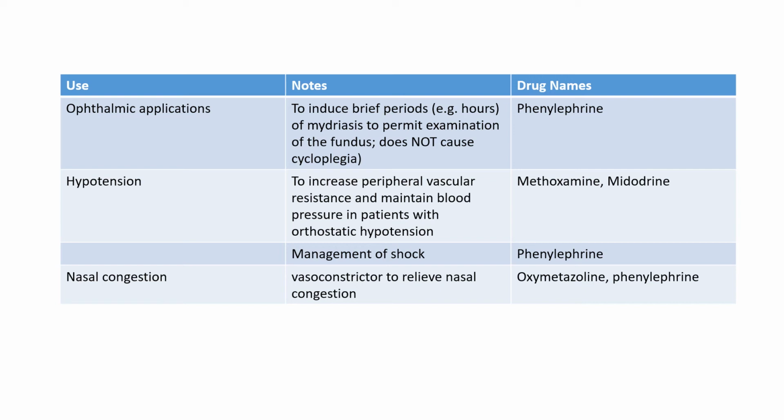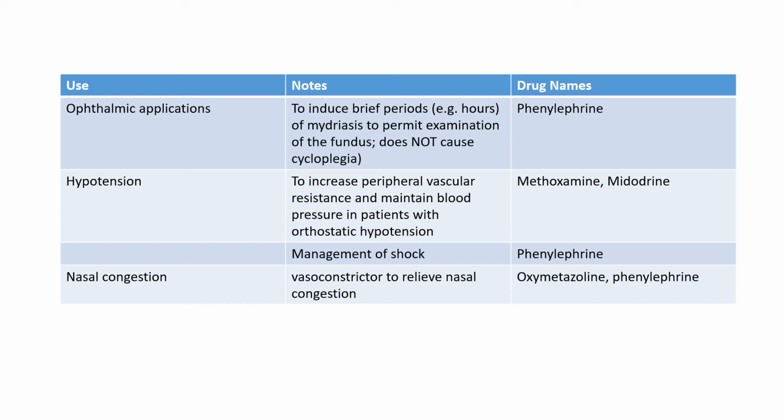They are also used in the management of hypotension, whether associated with shock syndrome or drug-induced or even postural hypotension that might be a result of autonomic nervous system impairment.